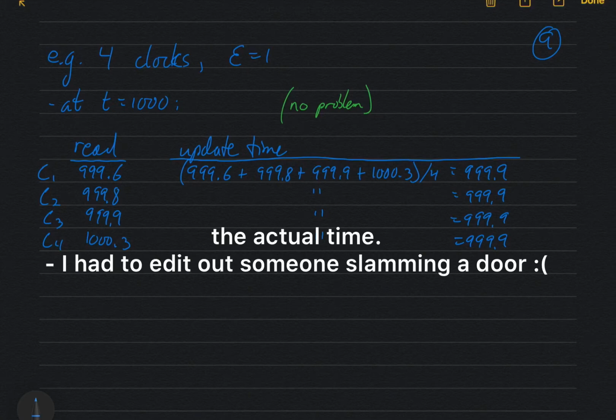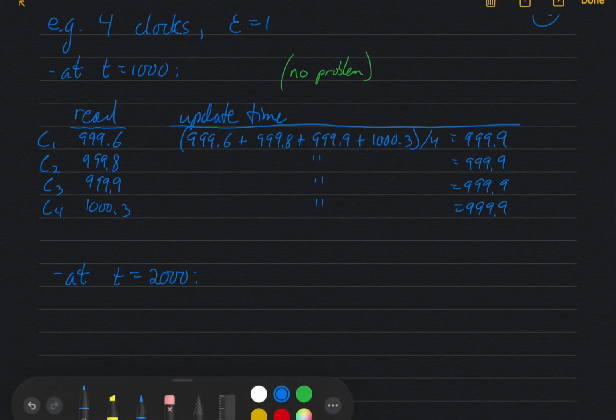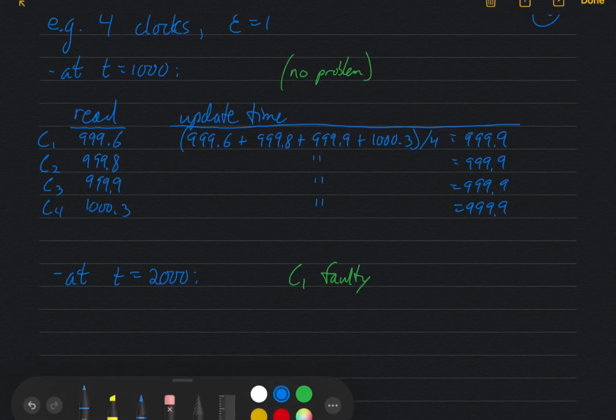Now, let's just say time has progressed, and at time 2000, and they don't know what the exact time is, but this is when roughly at time 2000 they're synchronizing again. At this point, C1 is faulty. It's fallen further behind, and it's no longer in agreement so much with the other clocks.